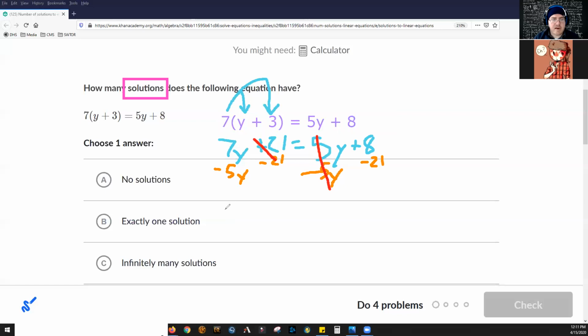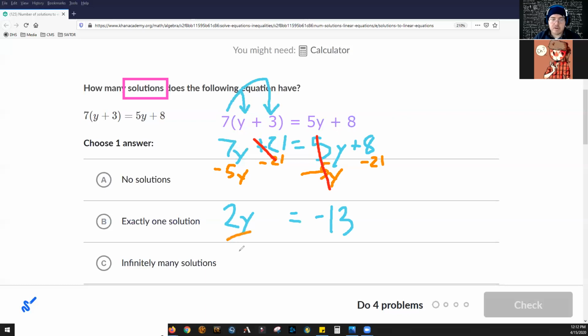So 7y minus 5y is 2y plus 0 equals 0. And then positive 8 minus 21 would be negative 13. Once you get used to these, you would have realized a few steps ago what the answer is, but we'll go ahead and just keep working this out.